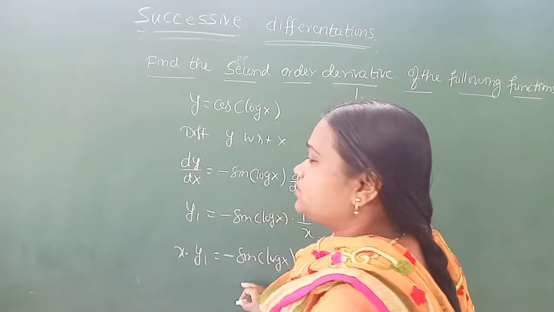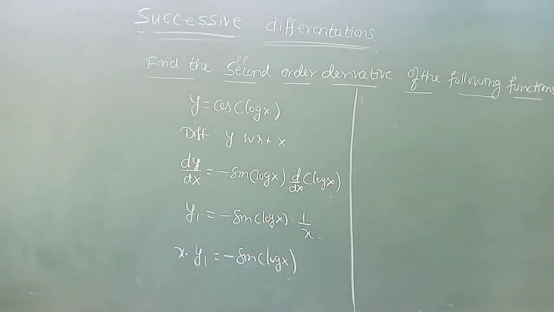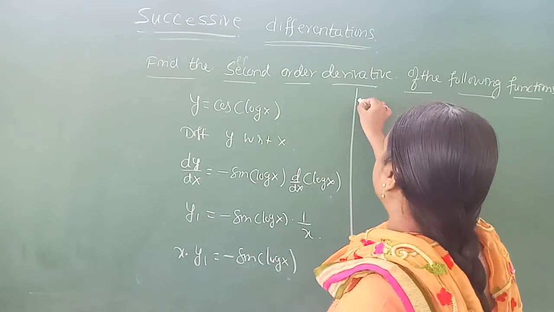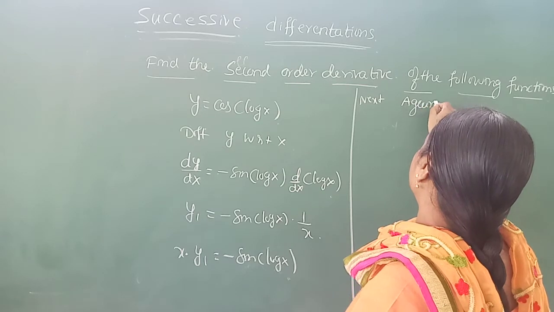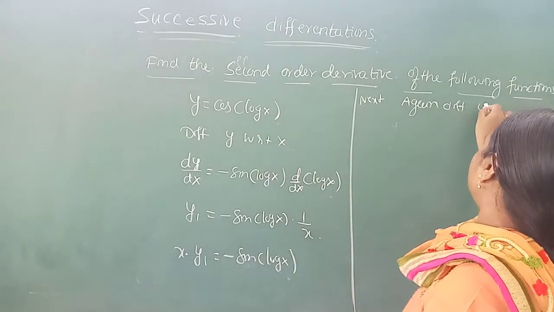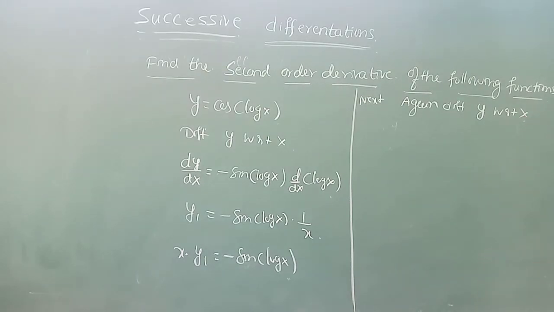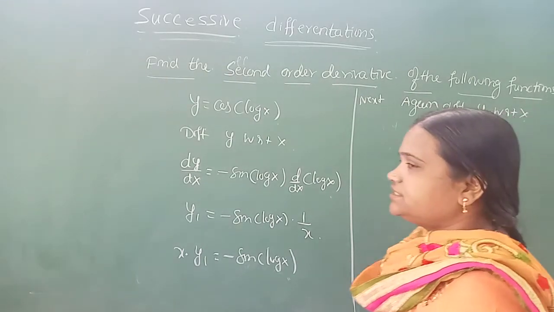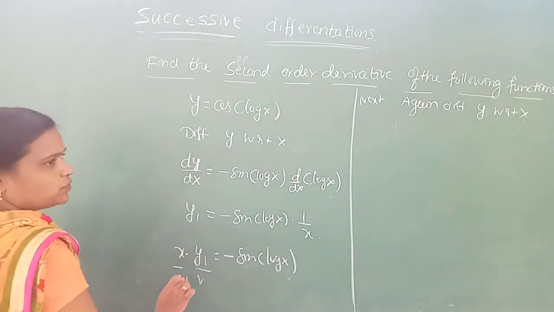This is what we got here, the differentiation dy by dx. Next, again differentiate y with respect to x. See, this is u and this is v, which means it is a product of two functions.